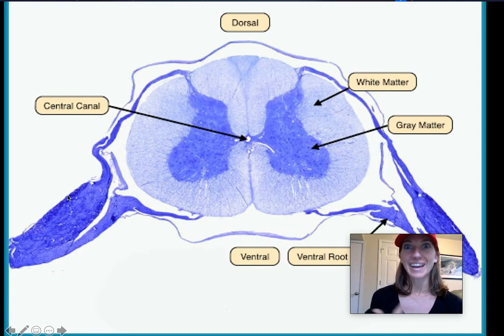A ganglion, again, is a collection of cell bodies. If we were to zoom in on this, you would actually see very clearly the cell bodies. It's a beautiful structure. I posted some other slides so you all could really take a good look at a dorsal root ganglion and what that looks like. And again, the dorsal median sulcus as opposed to the ventral median fissure.